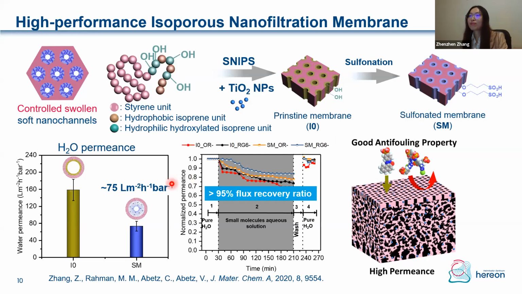The sulfonated membrane shows a rather high water permeance, much higher than the typical nanofiltration range membrane. Another thing is this membrane also showed a good selectivity for small molecules. And one exciting point is that this membrane has a very good antifouling property with a more than 95% flux recovery ratio after 3 hours retention measurements.